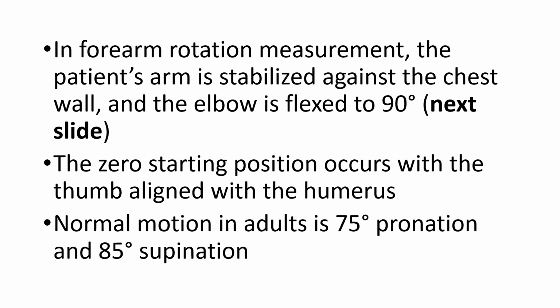In forearm rotation measurement, the patient's arm is stabilized against the chest wall, and the elbow is flexed to 90 degrees. The zero starting position occurs with the thumb aligned with the humerus. Normal motion in adults is 75 degrees pronation and 85 degrees supination.